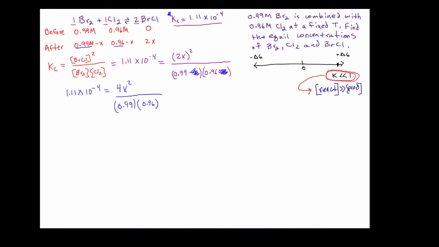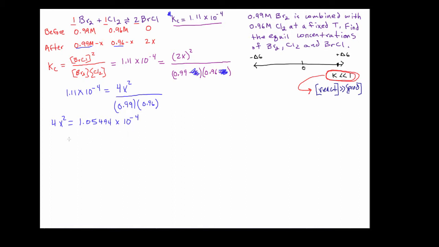And what we're going to do first is multiply the 0.99 times the 0.96 in the denominator, and then multiply it times 1.11 times 10 to the minus fourth. So the new expression here will be 4x squared, which is going to be equal to 1.05494, and I'm just going to carry my numbers out all the way on the screen of my calculator, and then this is times 10 to the minus fourth.